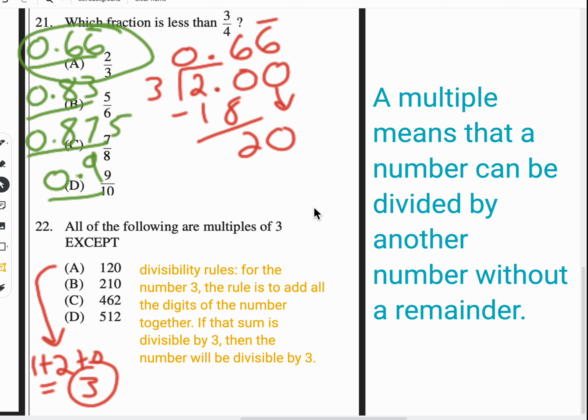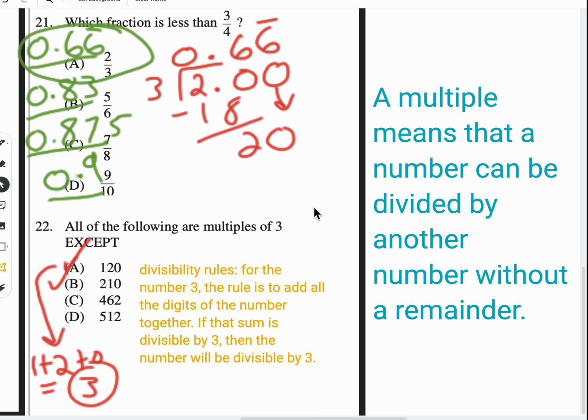Since 3 is divisible by 3, 120 is a multiple of 3. Let's try B. 2 plus 1 plus 0 again is 3. Since 3 is divisible by 3, 210 also is a multiple of 3.